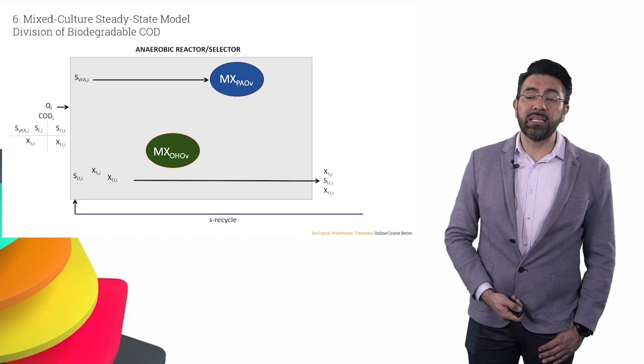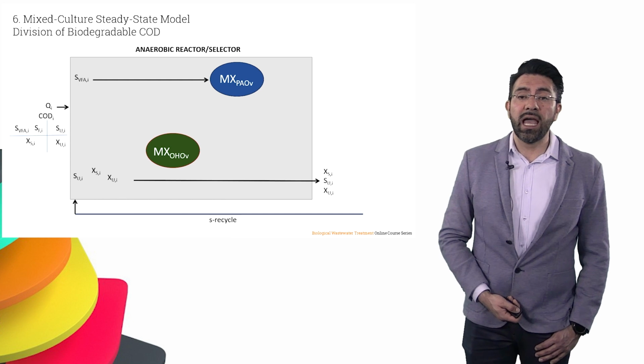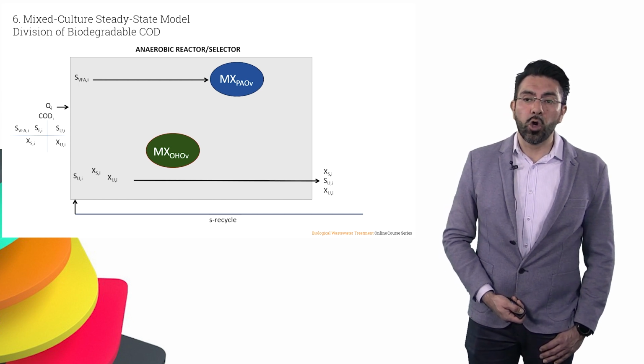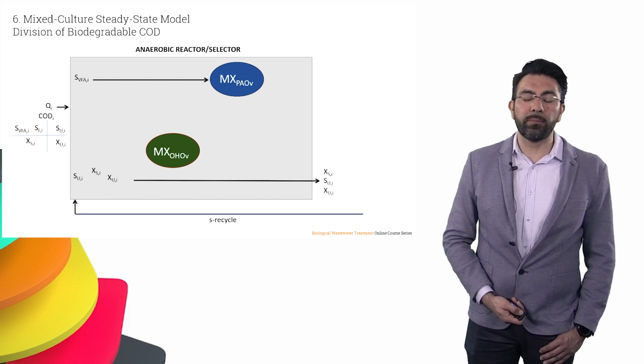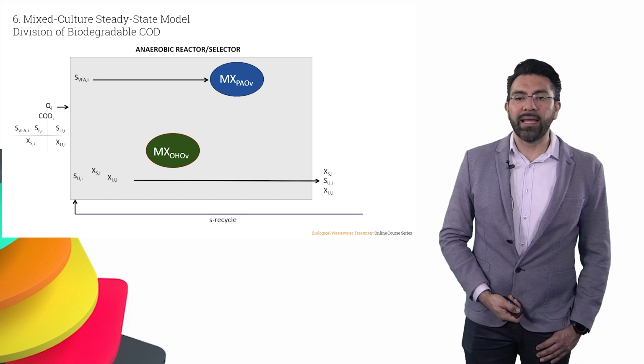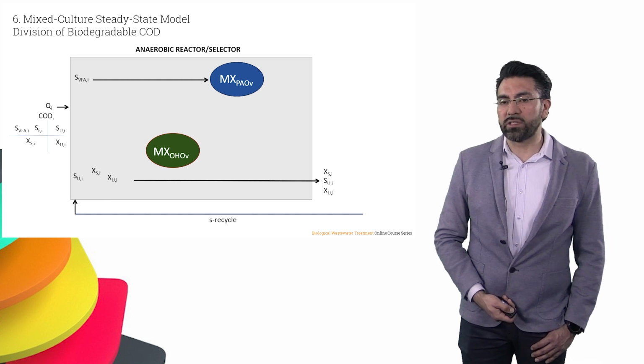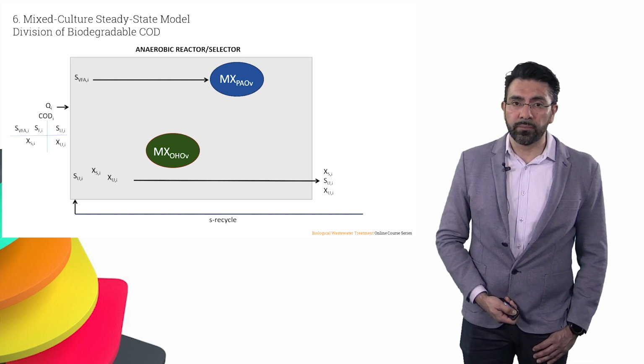What happens is that the model considers that these 3 components flow through the anaerobic reactor or selector without being converted or affected by the biological processes that take place in the anaerobic reactor.